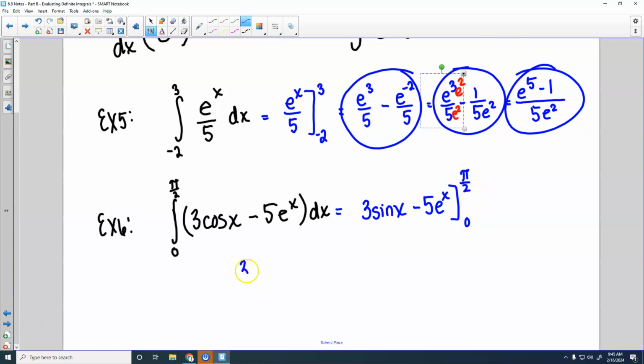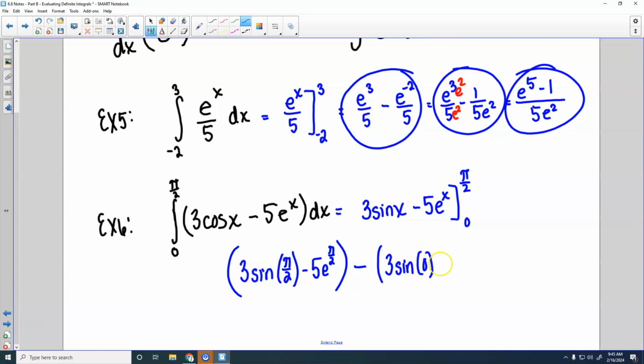And so that would be 3 sine of pi over 2 minus 5e to the pi over 2 minus 3 sine of 0 minus 5e to the 0 here.